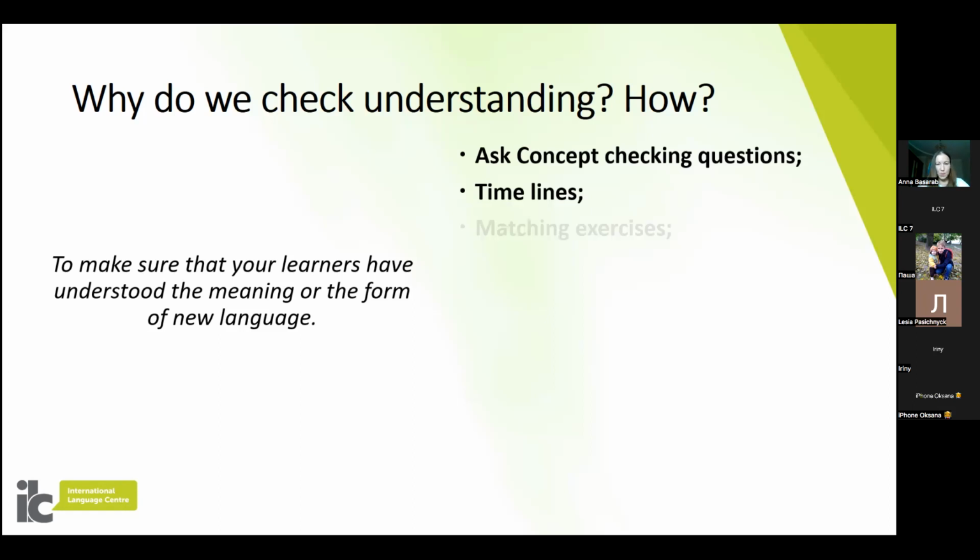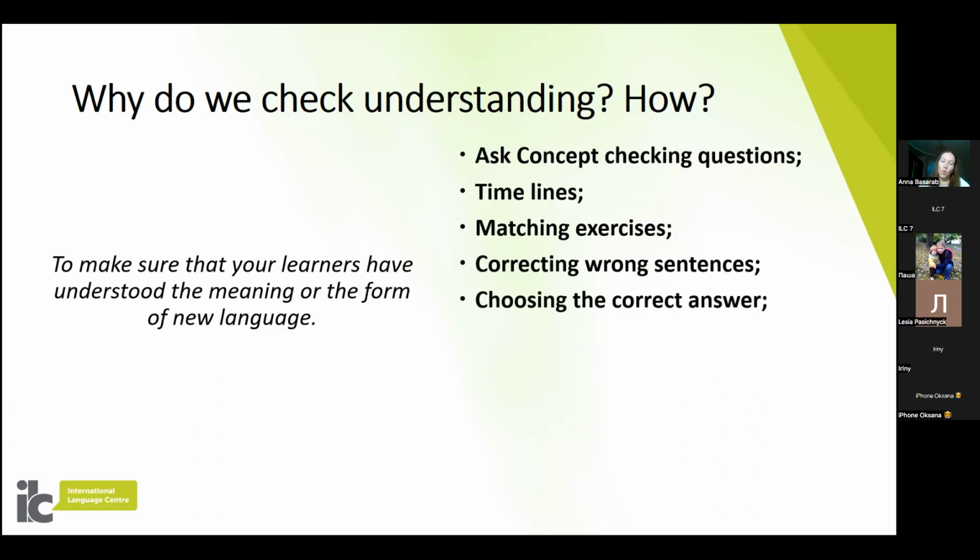All right. So we can use a matching exercise when they match, for example, a sentence to its meaning or a similar sentence. We can ask them to correct wrong sentences, or choose the correct answer. We can ask them either to nod or to show or to mime something, if it's appropriate.